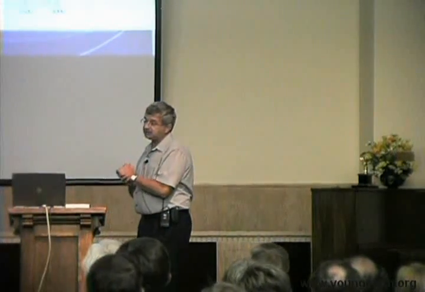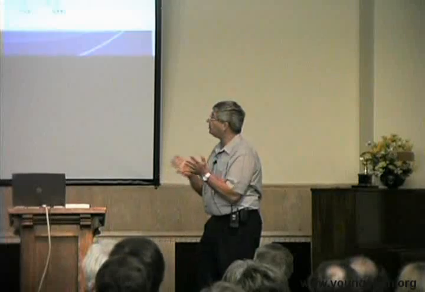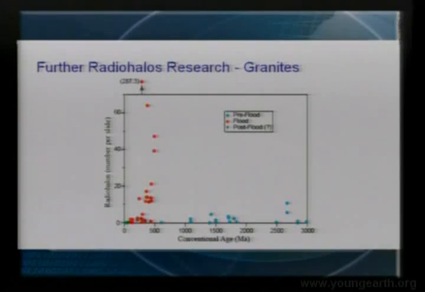One last diagram. This is in the second of the RATE books. I plotted here the conventional age of a granite with the number of radiohalos per rock slide that I examined.